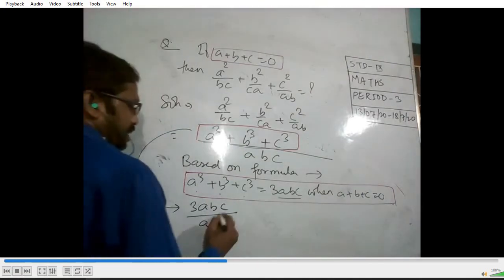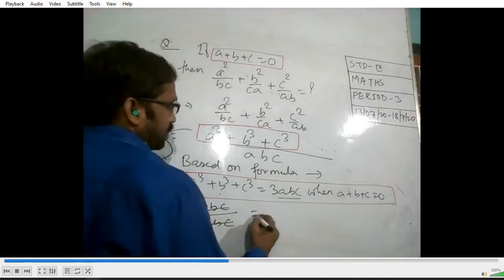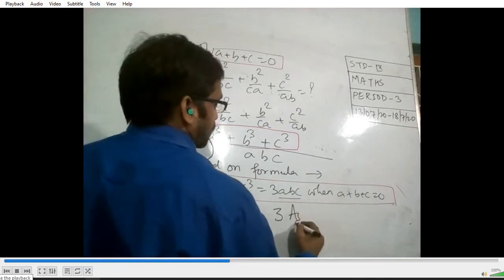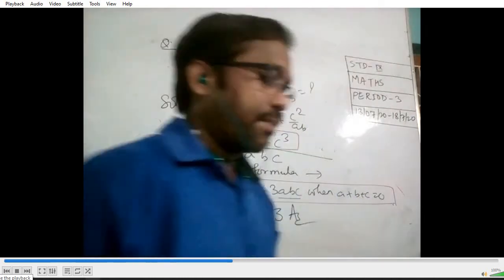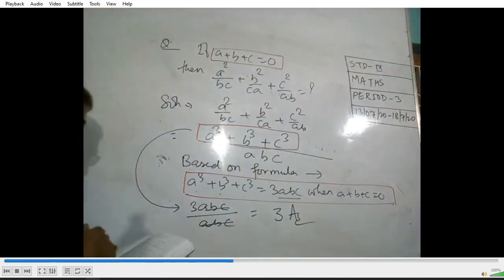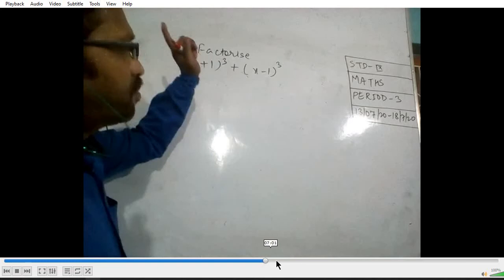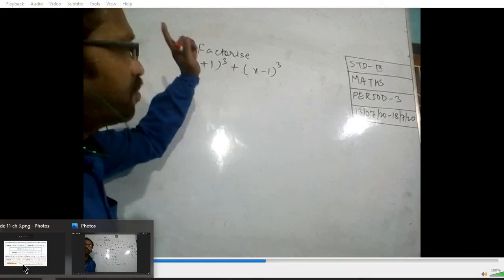So abc is cancelled, and that value is clear. So here are some more questions. This is how we have found the value of this expression. From here it was looking complicated, but as we started to solve, it became easier and easier. Now the next identity that we will discuss here is this one.